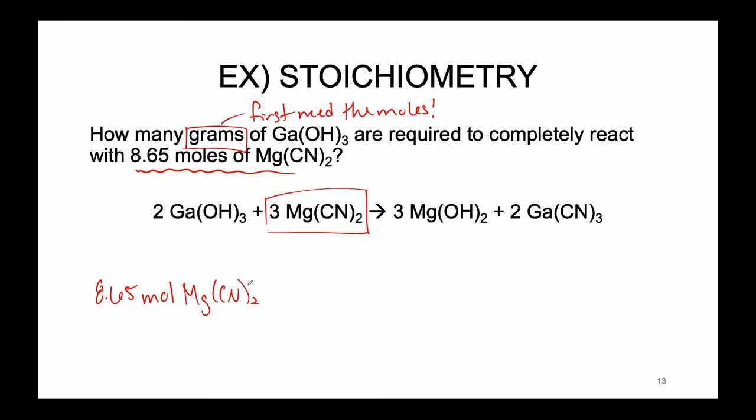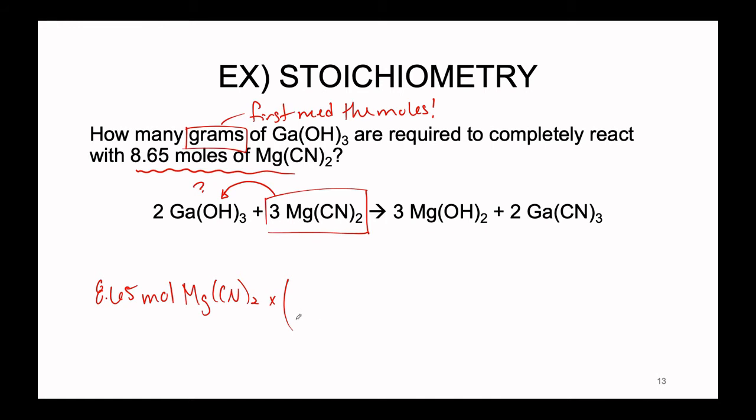So we're starting with 8.65 moles of magnesium cyanide. We're trying to figure out how much gallium hydroxide we also need to work with. In order to do so, we need to figure out how many parts magnesium per parts gallium.